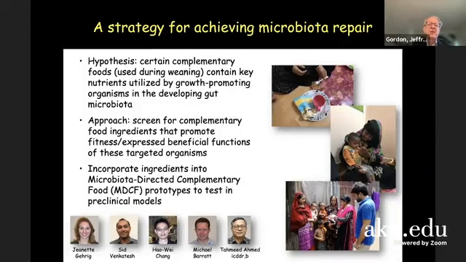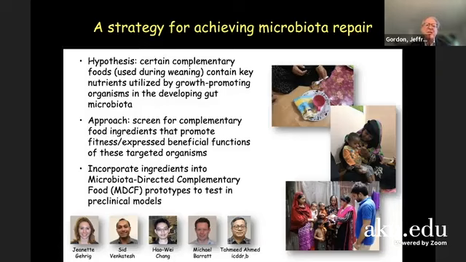So our approach was to screen in these preclinical models, i.e. animals colonized with the microbial communities of the very population that we wanted to treat, different complementary foods, initially singly to groups of animals to determine whether they could promote the fitness, i.e. increase the representation of underrepresented organisms, and alter the expressed beneficial functions of these targeted organisms.